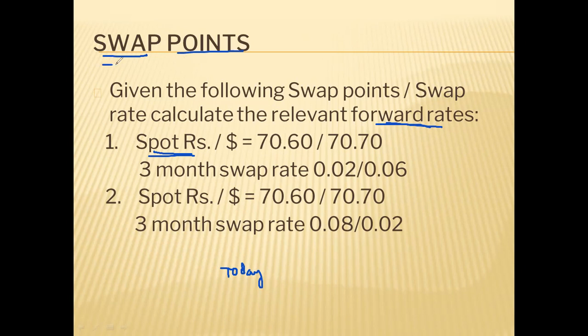First we will understand how to calculate using swap points. In the question, forward swap points will be given. Using these swap points, you have to calculate the forward rate, using today's rate, that is, the spot rate.